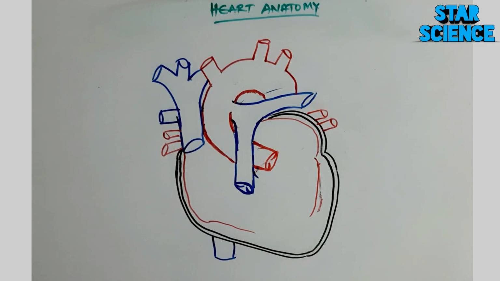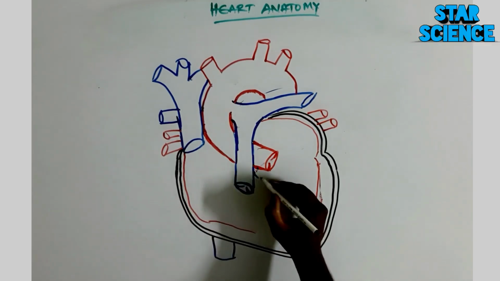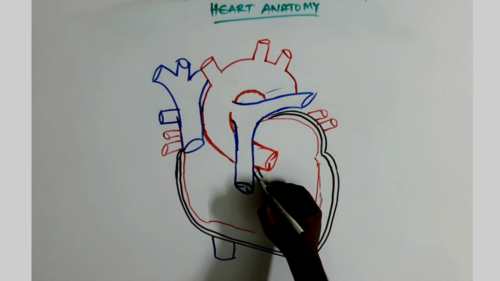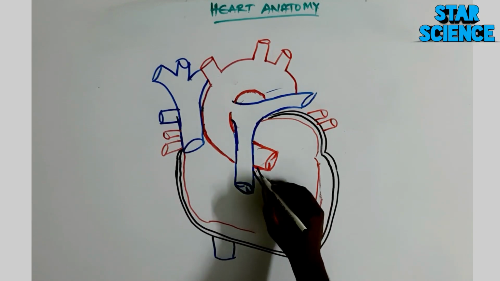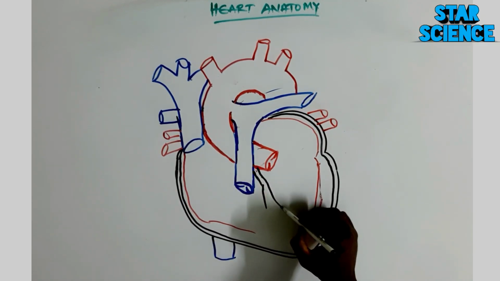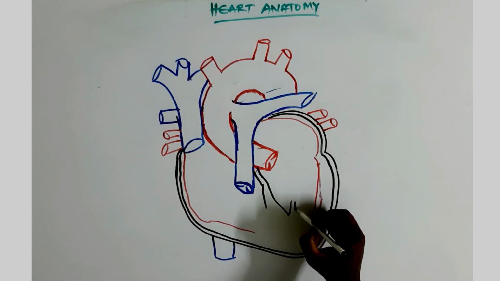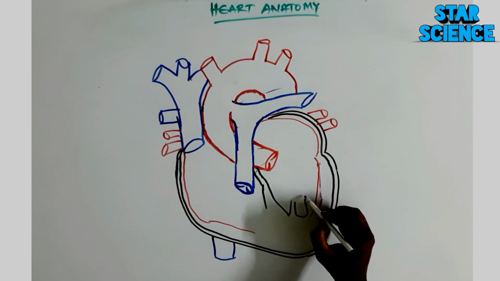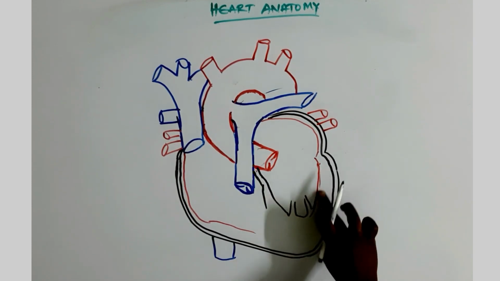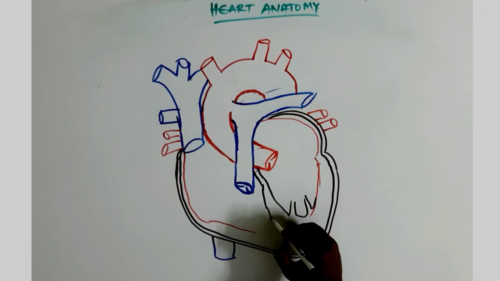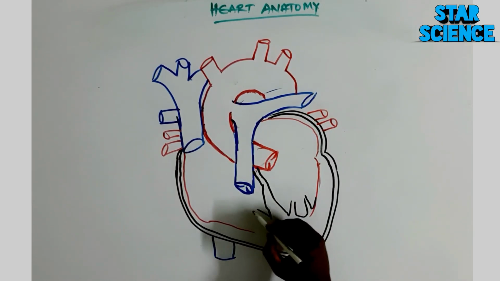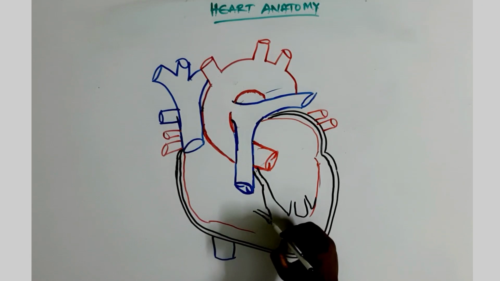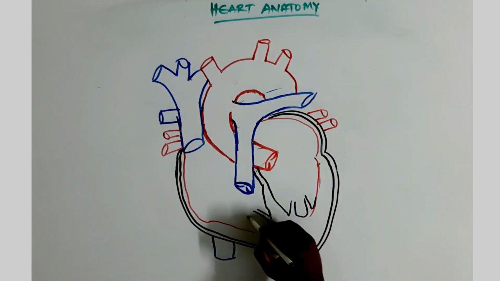The middle layer is called the myocardium, and the main function of the myocardium is the pumping action of the heart. And the inner layer, the endocardium, is formed by a single layer of endothelial cells.